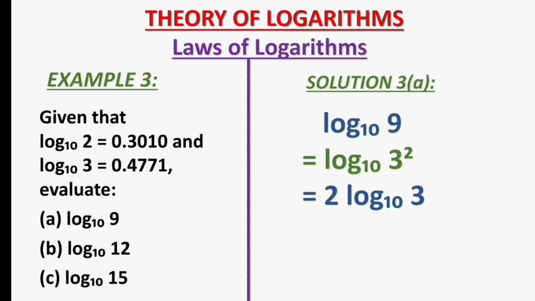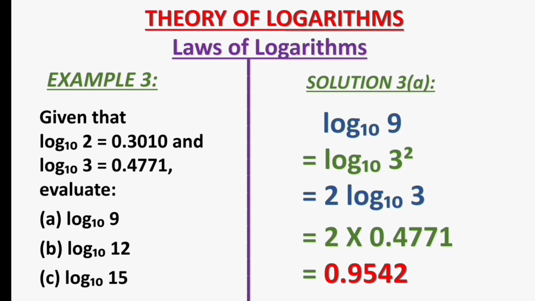Let's see if you are right. Substituting 0.4771 for the logarithm to the base 10 of 3, our answer to question 3A is 0.9542. I hope the solution to question 3A is clear to you.